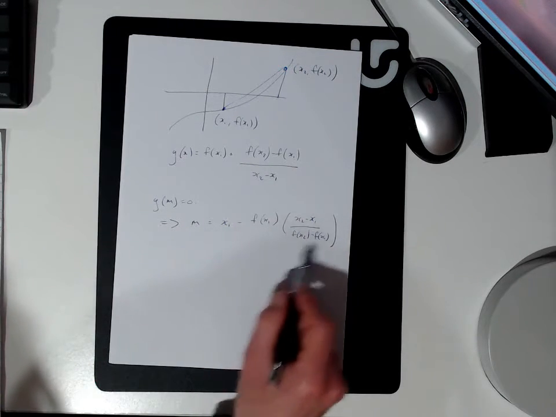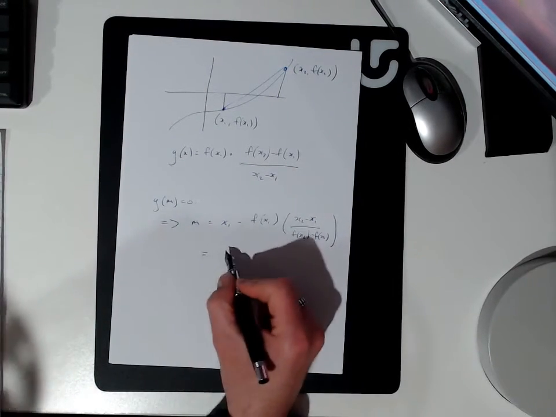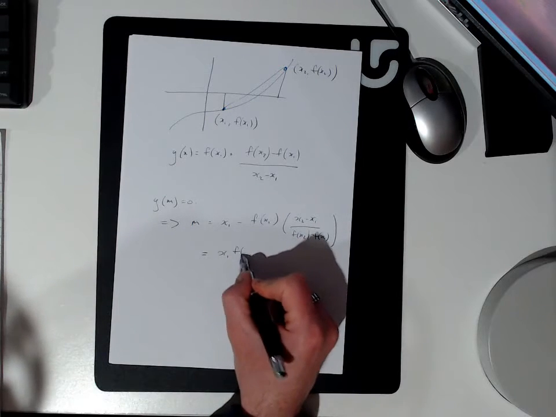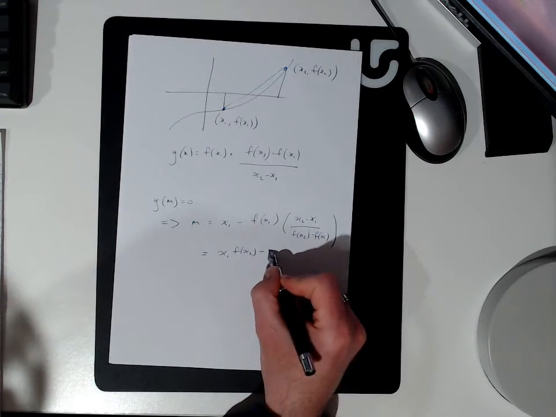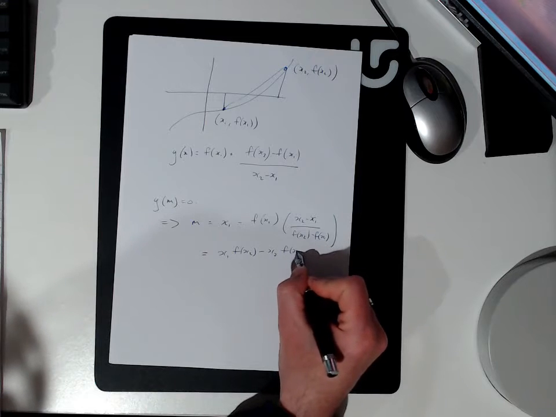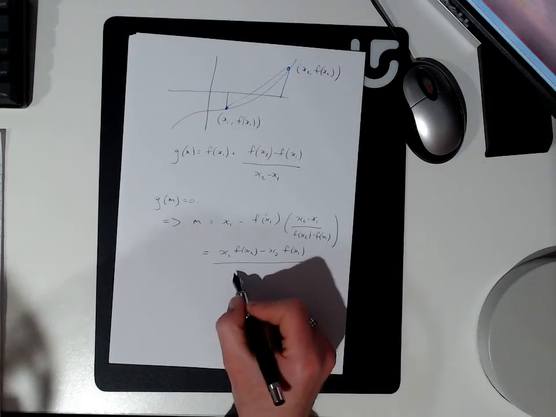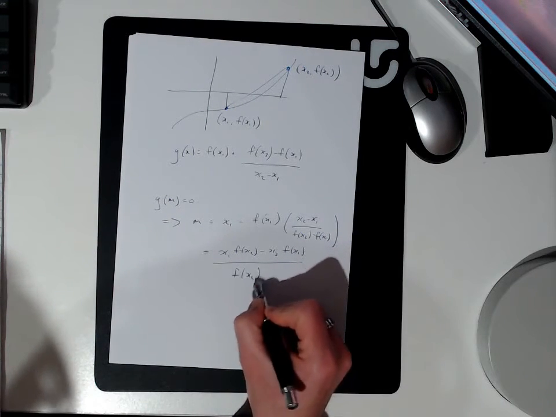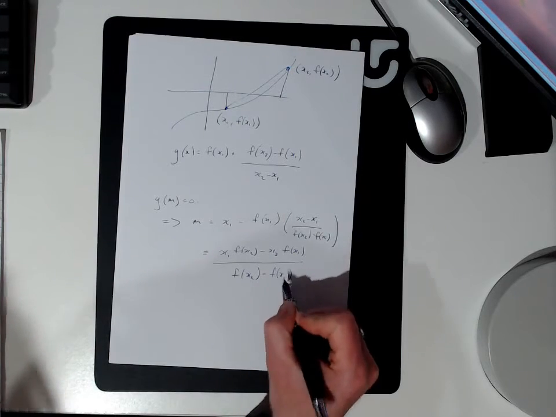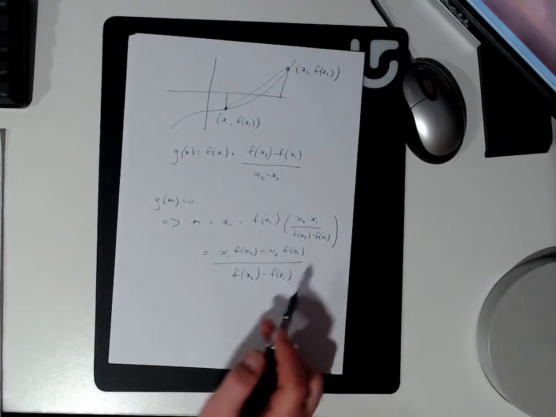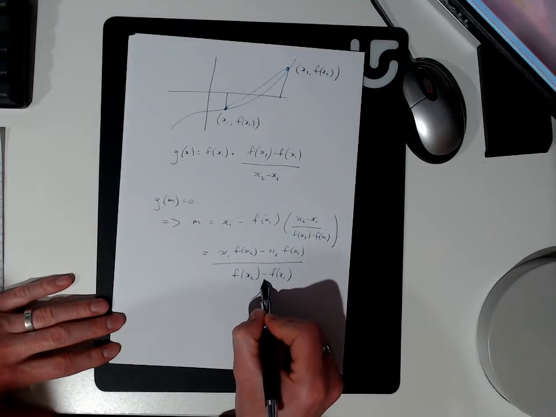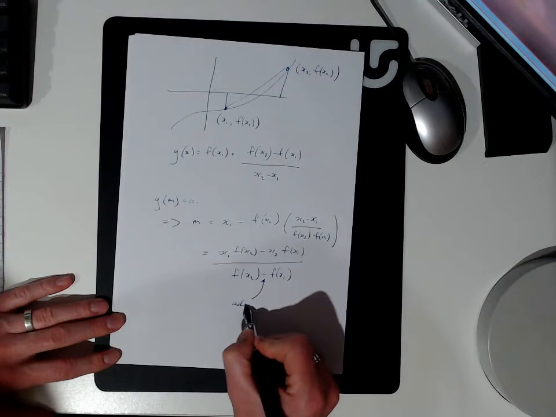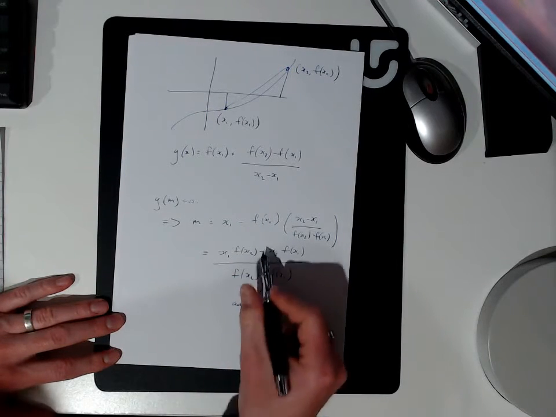So it's a good idea to rearrange this, and if you do that, you get (x1 f(x2) minus x2 f(x1)) divided by (f(x2) minus f(x1)). And this is an excellent form, because it turns out that this is really an addition, and the same goes for the top.